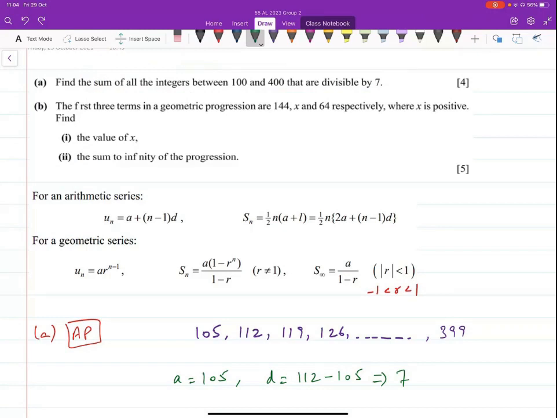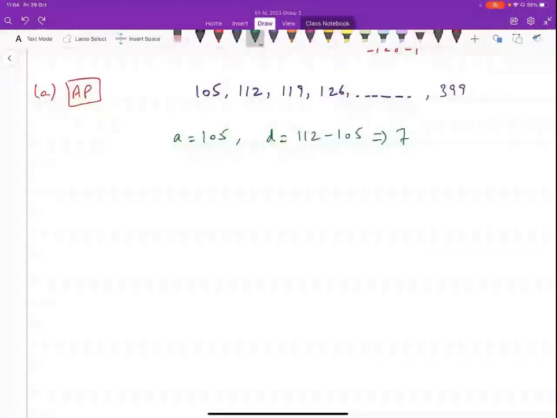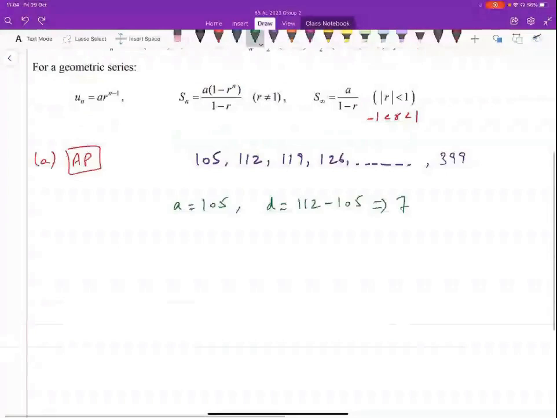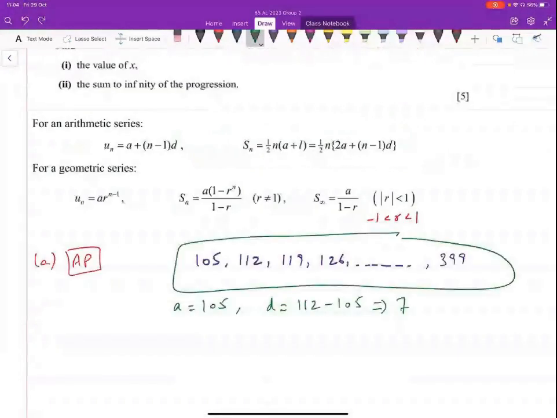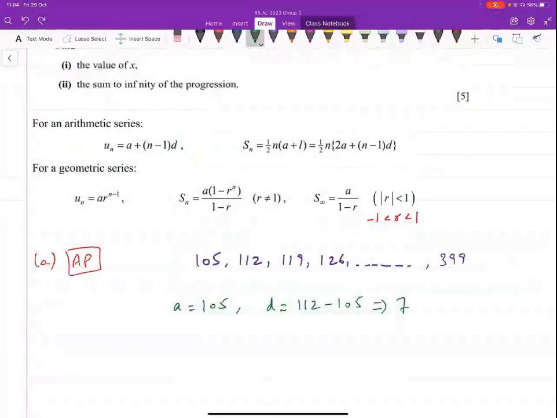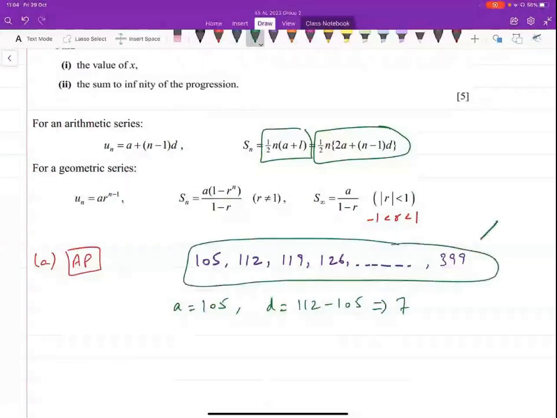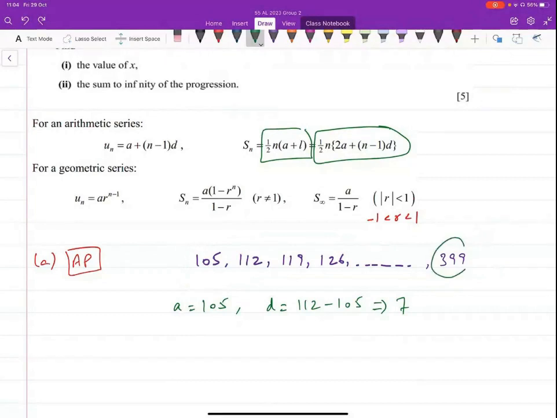Now, we know the last term of the sequence, right? हमें इन सब का sum चाहिए. The sum of all these terms can be calculated using one of these two formulas, either this one or this one. जिन values का हमें sum calculate करना है, उनमें से last value मैं पता है, the last number is 399.